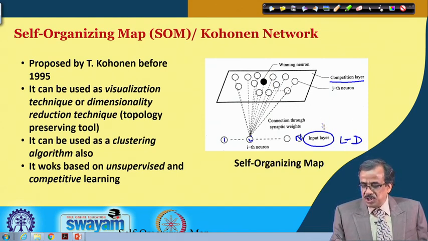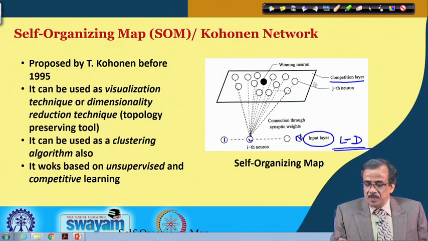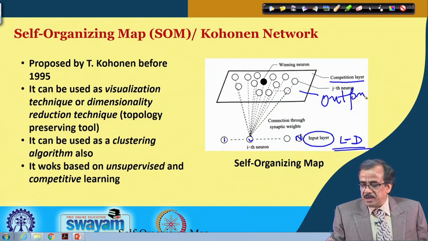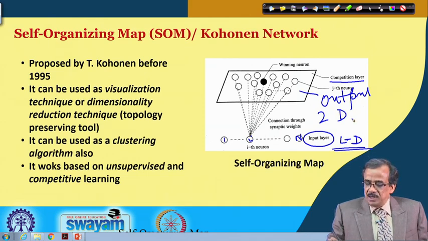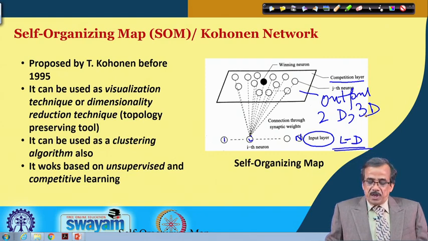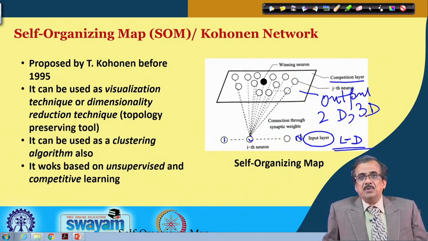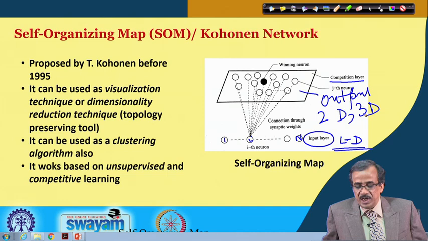So, although this input layer is in L dimension, this particular competition layer, or this is nothing but the output layer, should be either in say 2 dimension or it could be say in 3 dimension, because we can visualize only up to 2 dimension or say only up to 3 dimension.